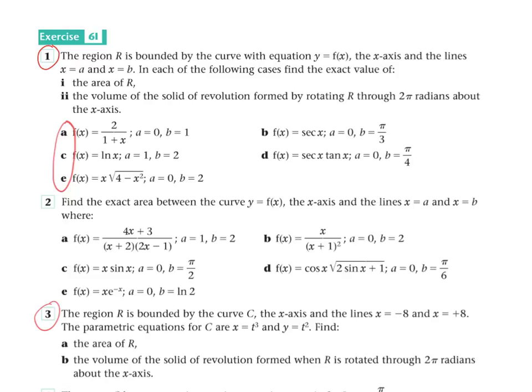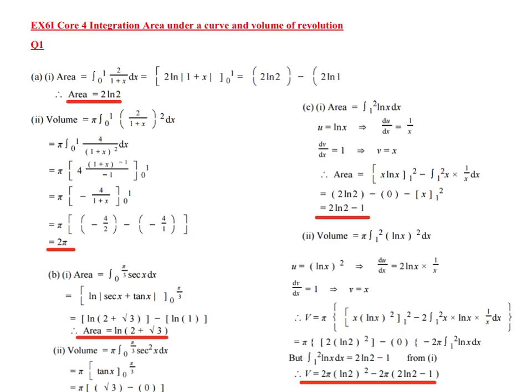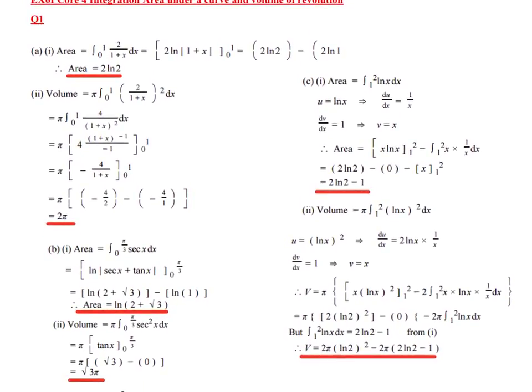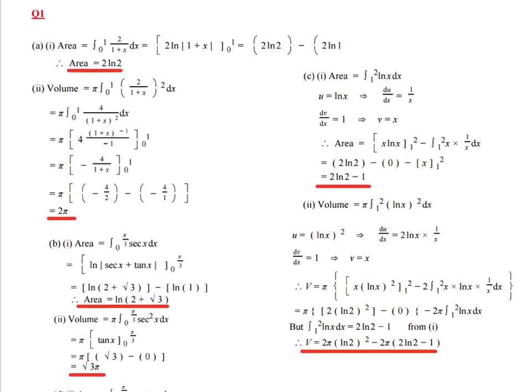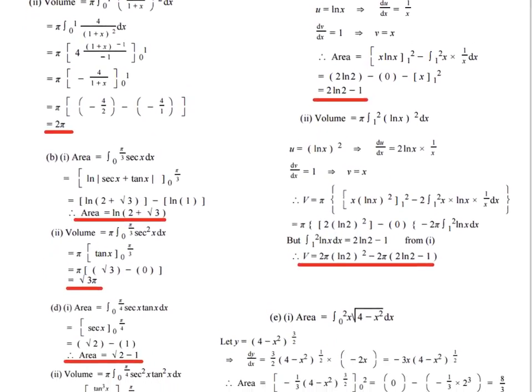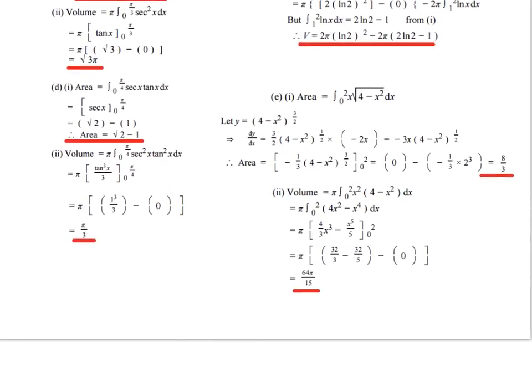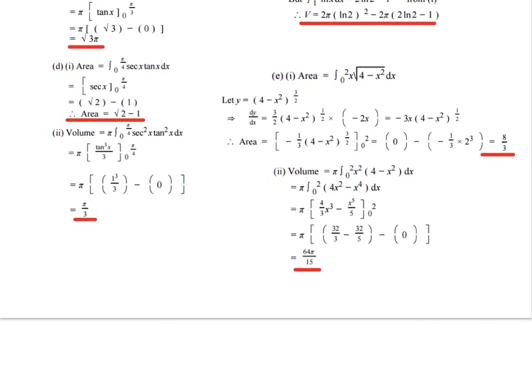Welcome back. And the solutions here, you can see your areas. Let's check your answer for A, B and C there for area and volume. Then if you'd done a little bit more, you can see there part D onwards.